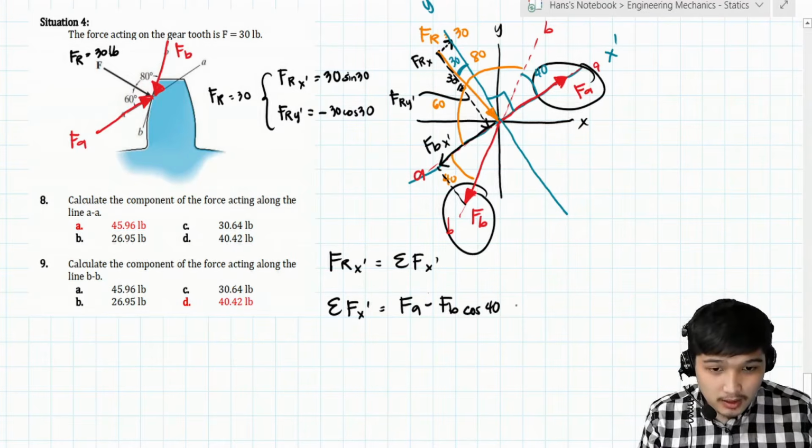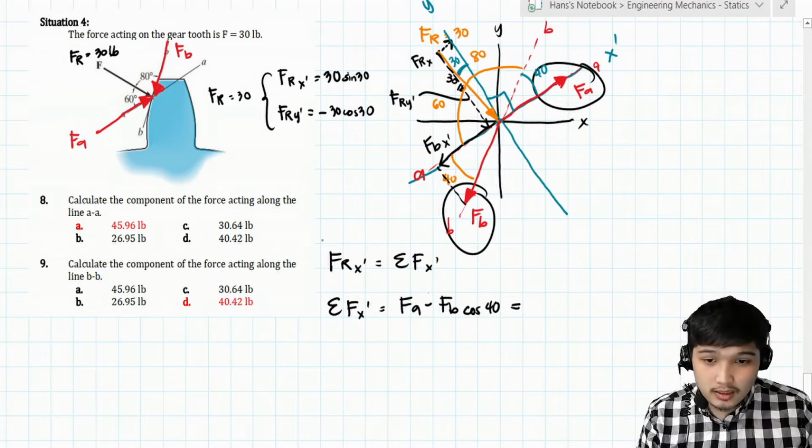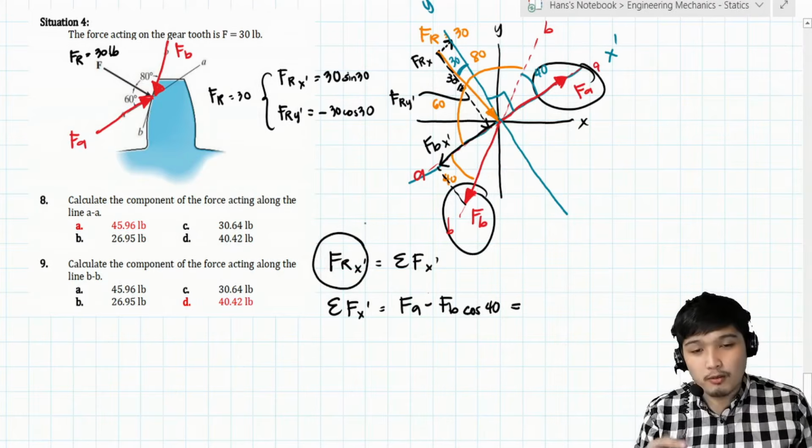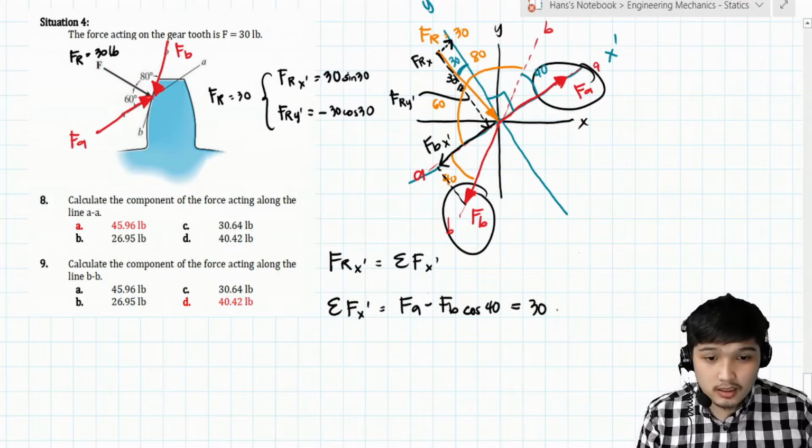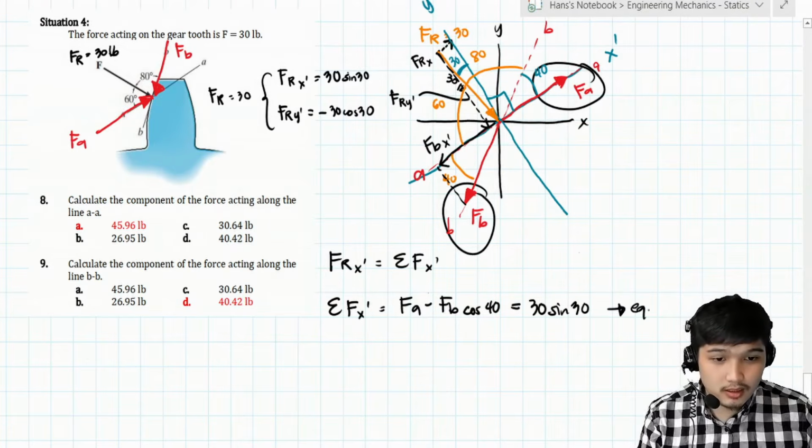It is equal to the component of the resultant force along x prime, which we already found earlier, 30 sine 30. So this one is our equation 1.